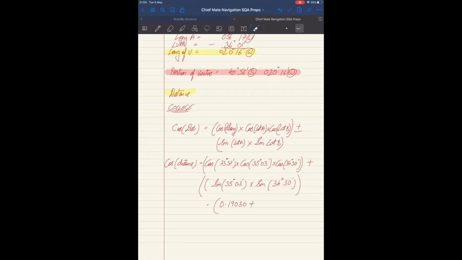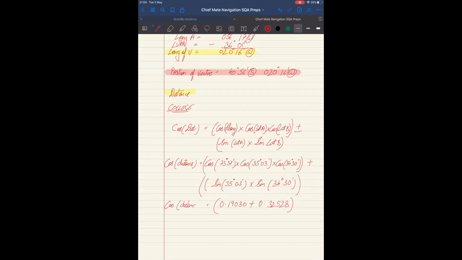Plus, now I will solve for sine of 35 degrees 3 minutes multiplied by sine of 34 degrees 30 minutes, which is 0.32528.